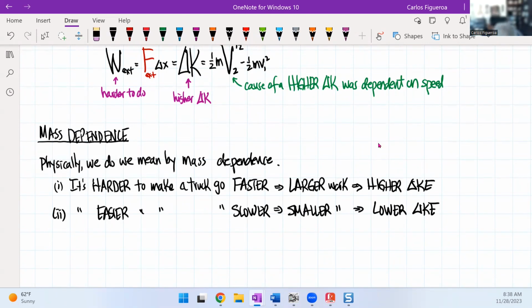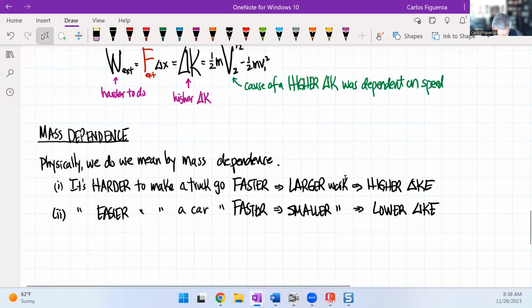And here, it's easier to make a car go faster, because it requires smaller work and therefore a lower change in kinetic energy. It's exactly the same thing.